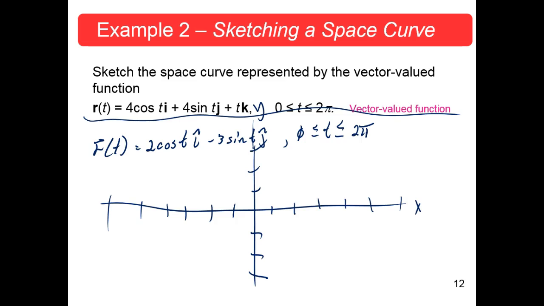Pi over 2 I can do. What is cosine of pi over 2? 0. So this will be a 0i. And what's sine of pi over 2? 1. So minus 3 times 1 would be minus 3. So it's going to be down here: 0 on x, minus 3 on y. There's that point. So this is t equal pi halves.